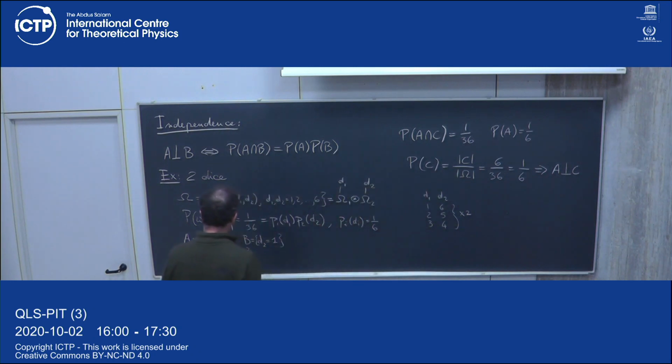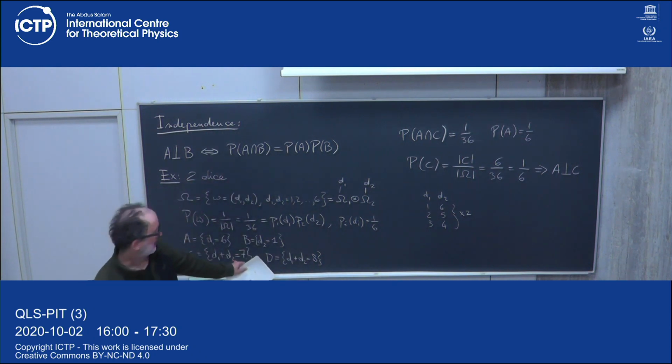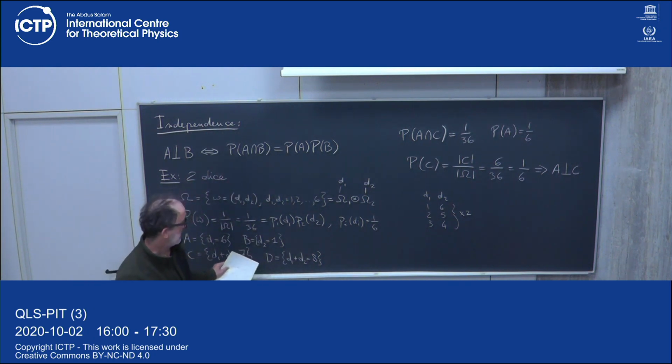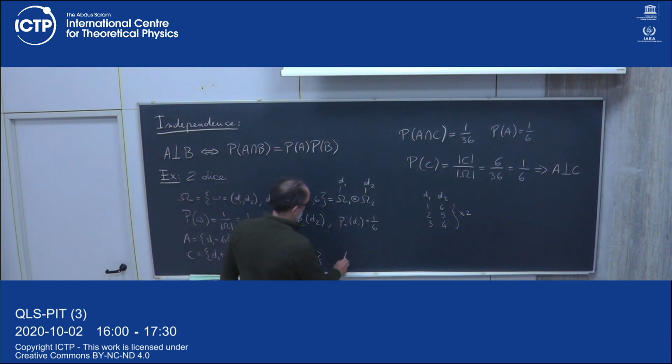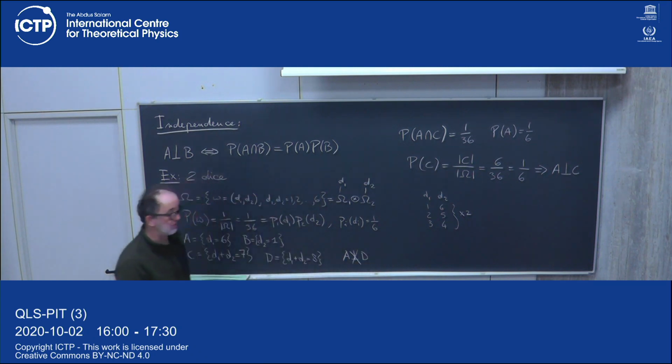Okay, now if you instead look at the event D, where D1 plus D2 is equal to 8, you can do the same calculation as an exercise, and you can see that A is not independent of D. So these two events are dependent.